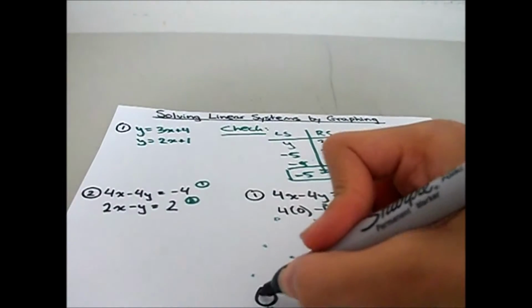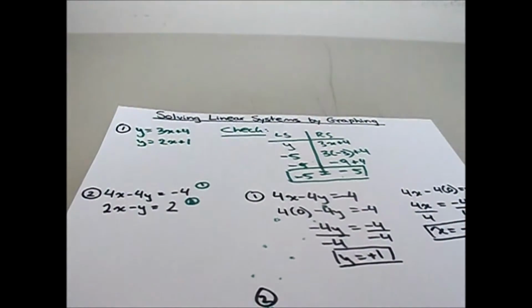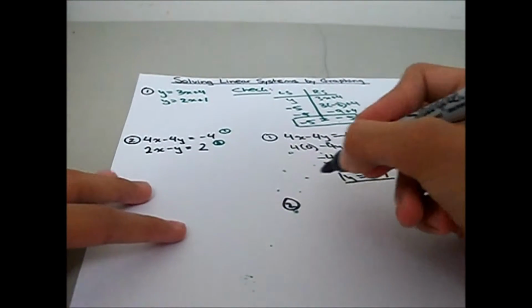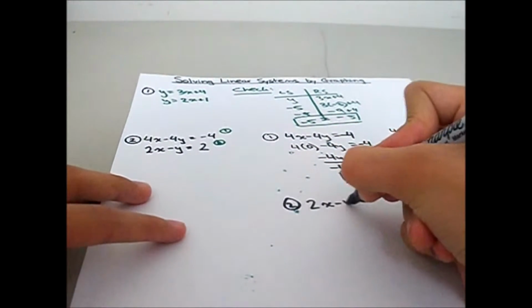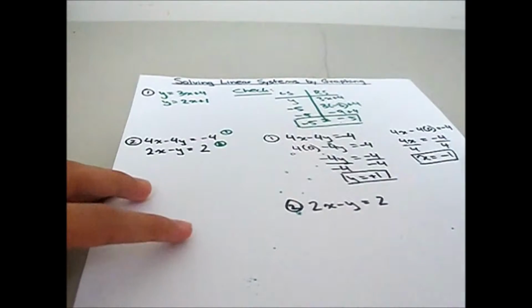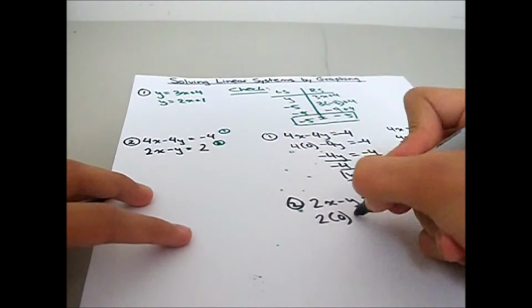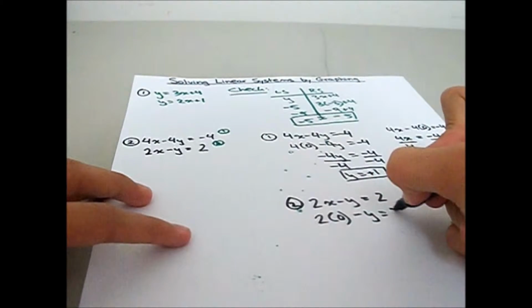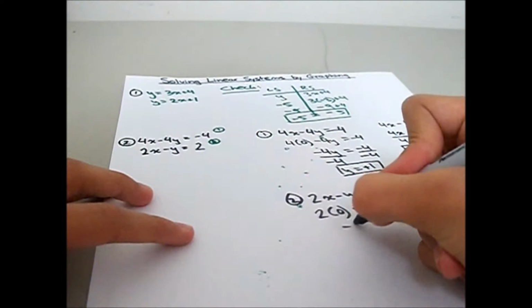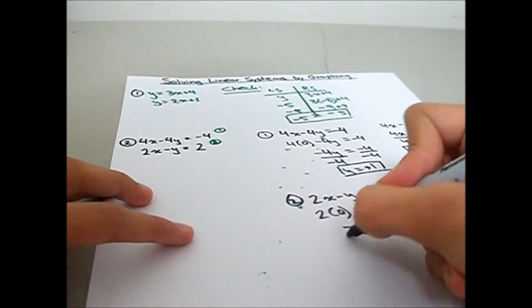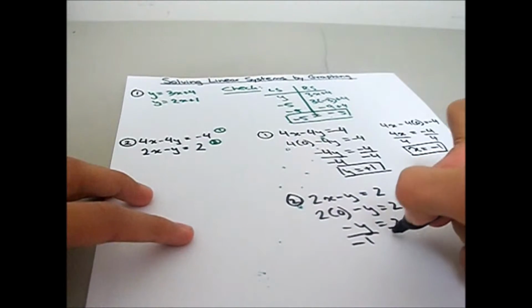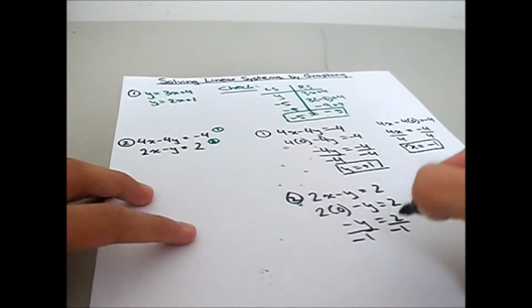I'm going to do the same thing for equation 2. I have 2x minus y equals 2. I'm going to find the y-intercept by setting x as 0. Anything times 0 is 0. So I'm left with -y equals 2. Take out the negative sign by dividing both sides by -1.